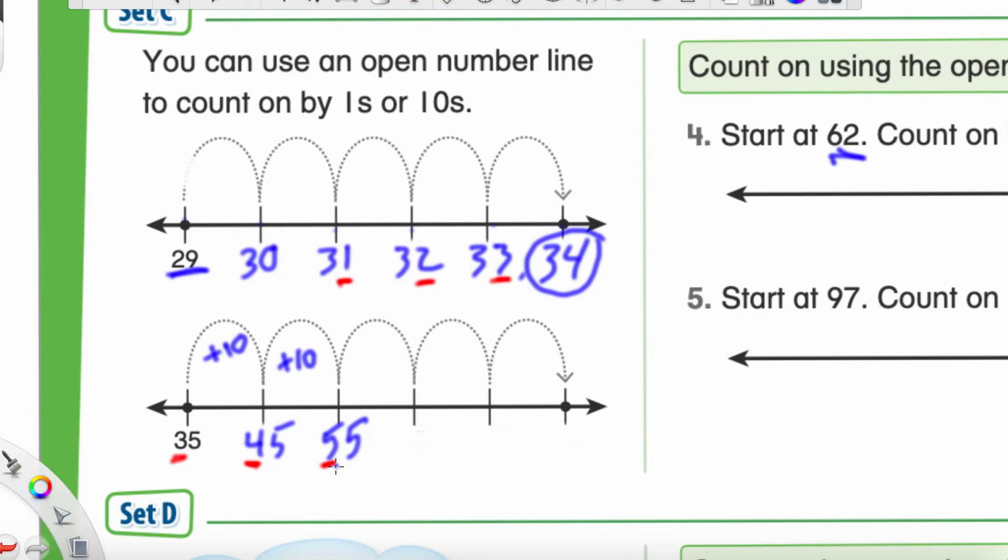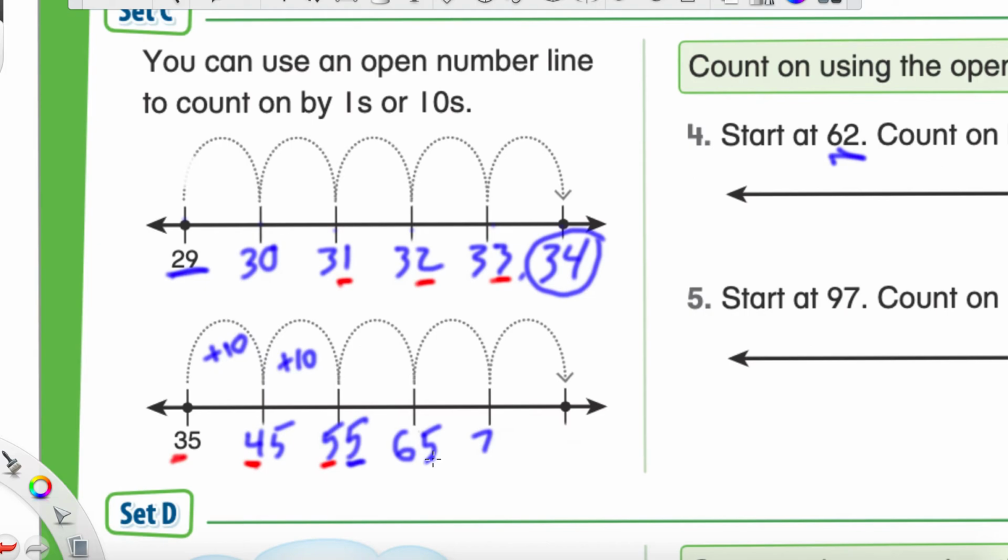So what's bigger than 5? 6. And the 1's house stays the same. We are keeping that 5 in the 1's place every single time. Now let's think about this again. When we make another jump, what is bigger than 6? 7.